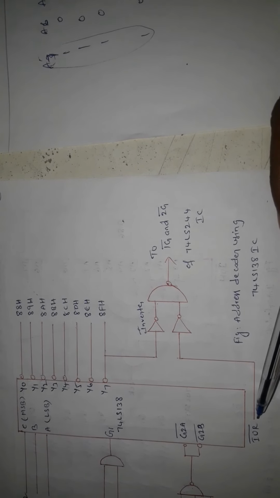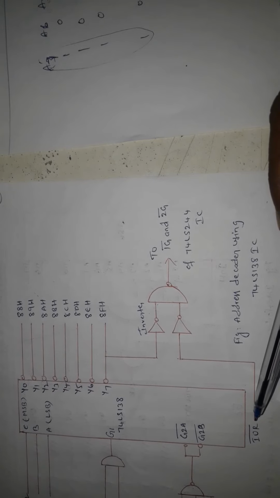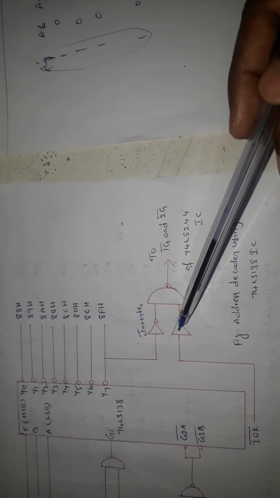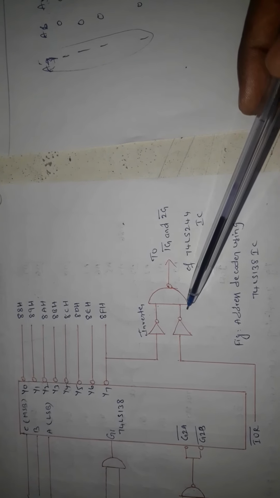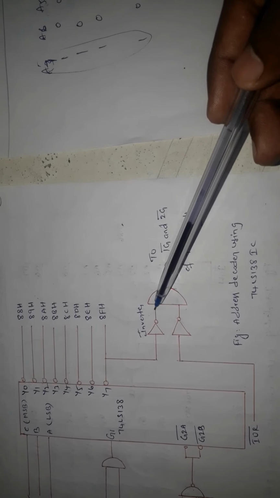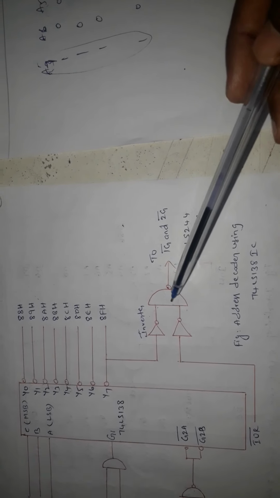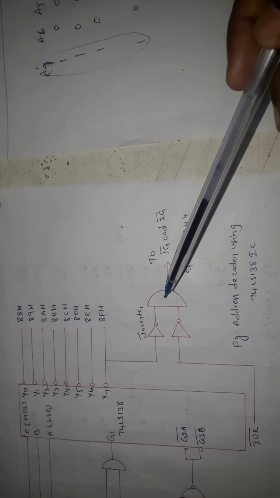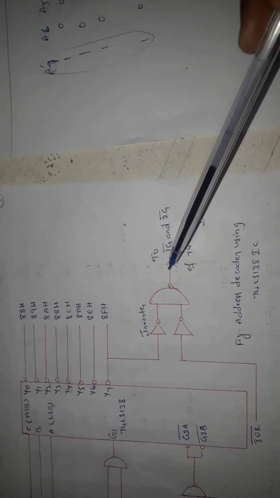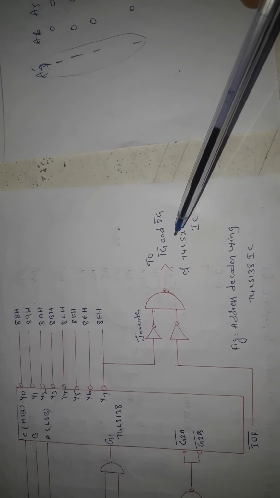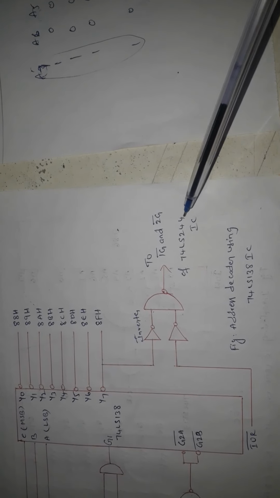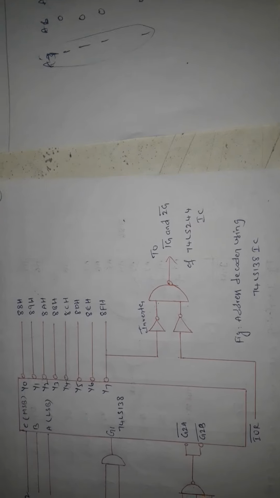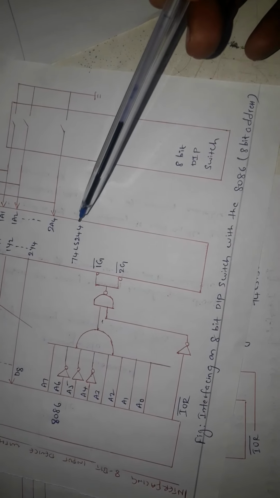Another signal, the IO read signal, is an active low signal, and it is also applied through the inverter, and you will get 1 at the input of the AND gate. So we will get both ones at the input of the AND gate, which produces 0 at the output of the NAND gate. When you get the 0 at the output of the NAND gate, it enables the IC 74LS244.